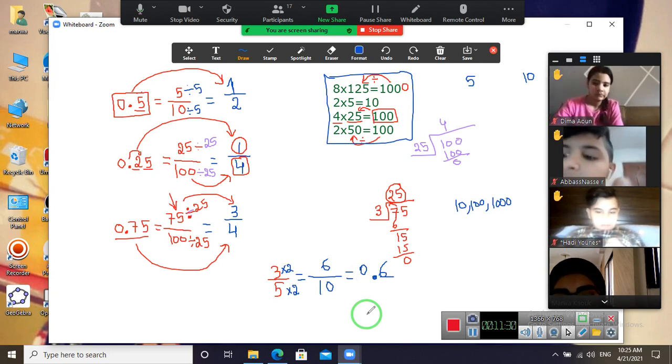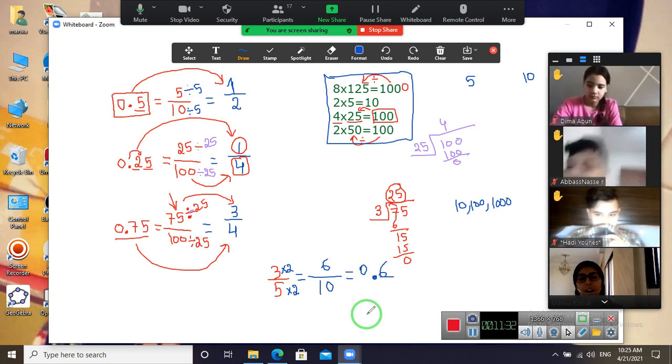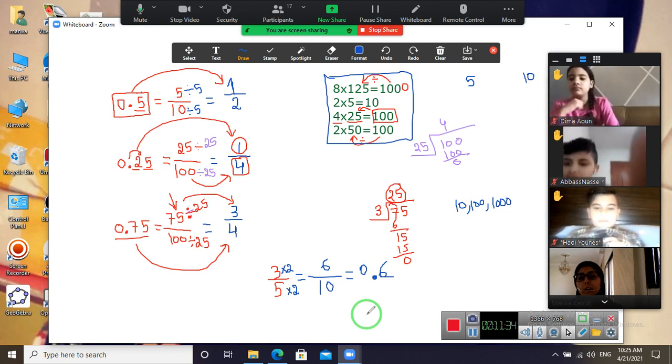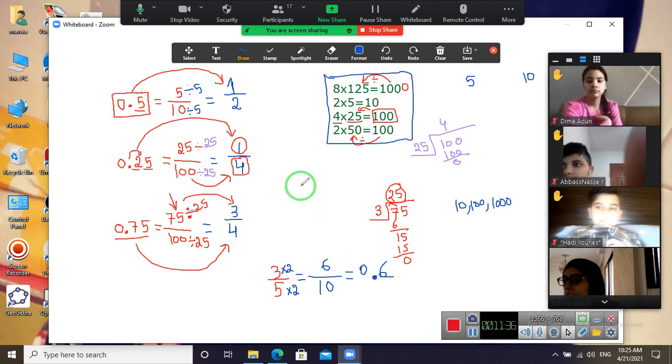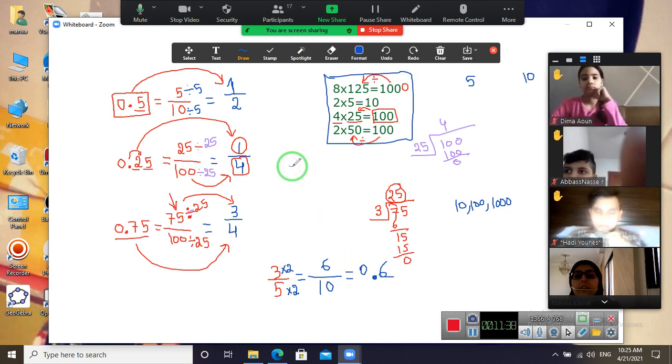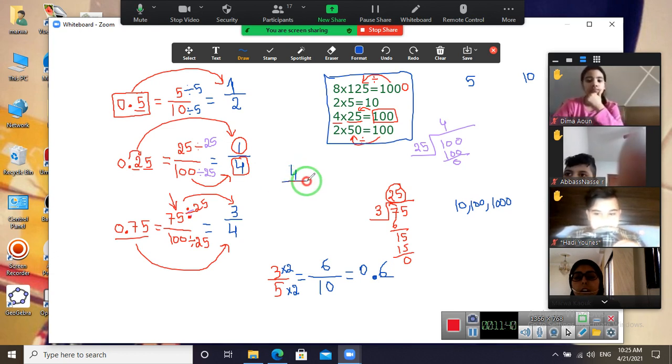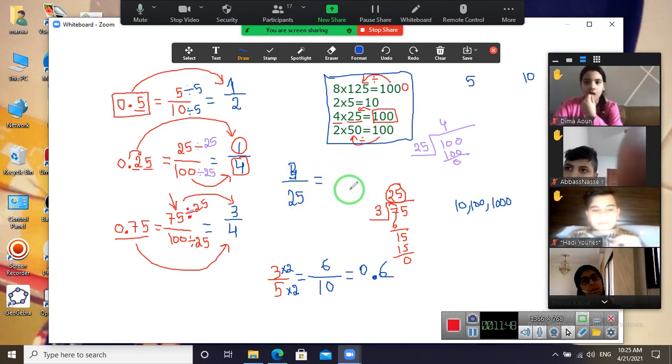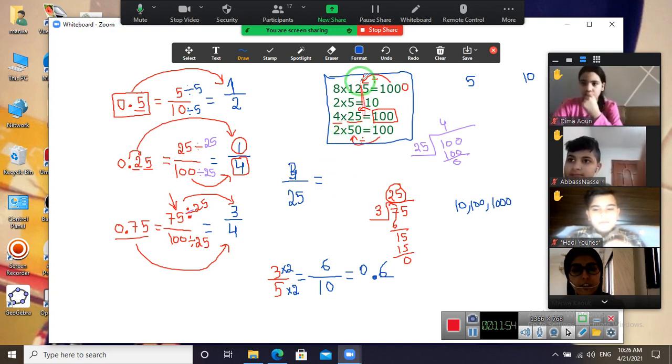I should transform the denominator into 10, 100, 1000. Then I will transform. Maybe I have 3 over 25. Now, I want to transform the denominator into 10, 100, 1000. And I have a rule. 4 times 25 gives me what? 100. I should multiply 25 by what?